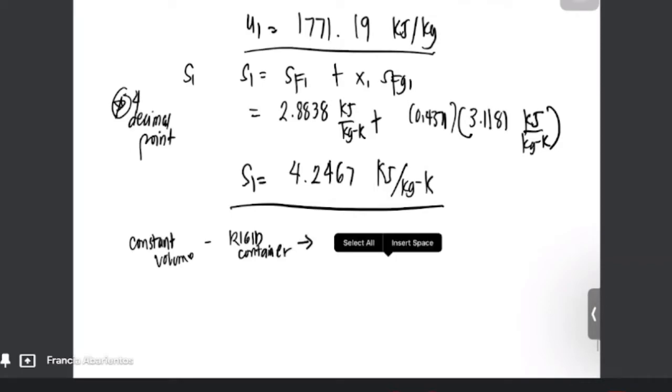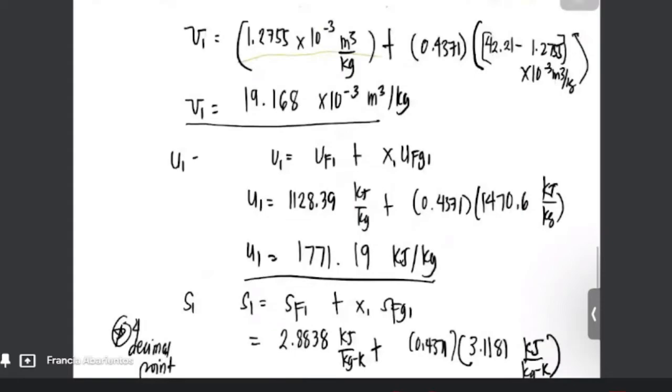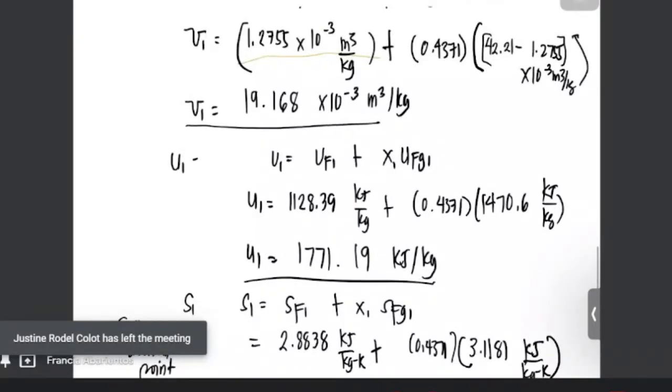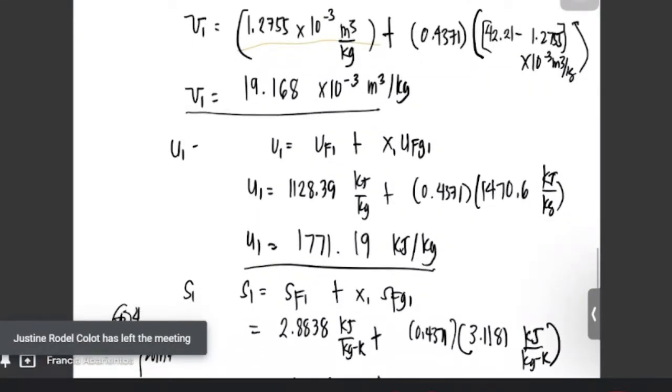Pero sinabi doon, until ano class? And heat is applied until the steam becomes saturated. Pero ang gagawin na natin, we all know constant volume equal na yon. So yun magiging basis natin at point 2. Okay? Point 2.